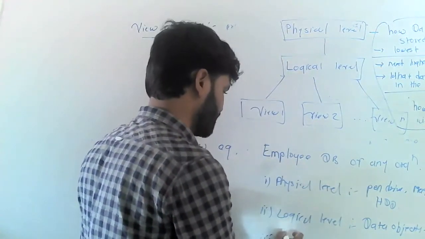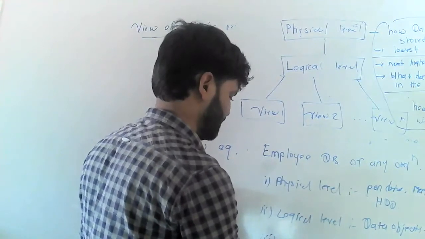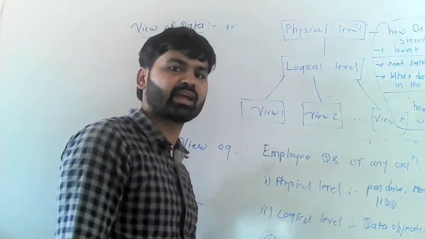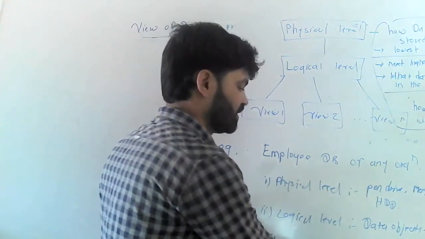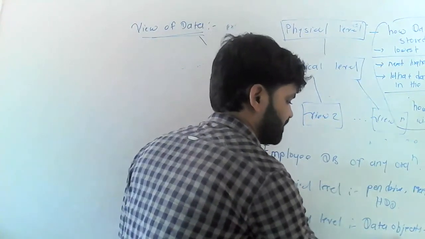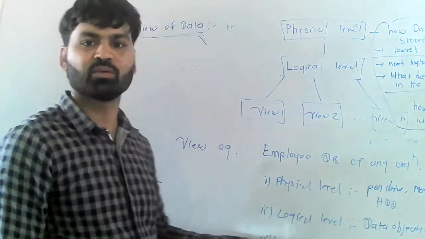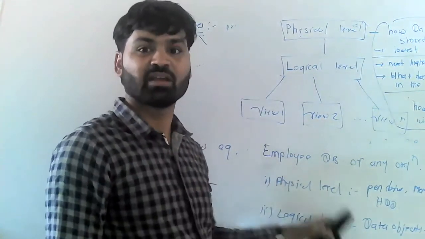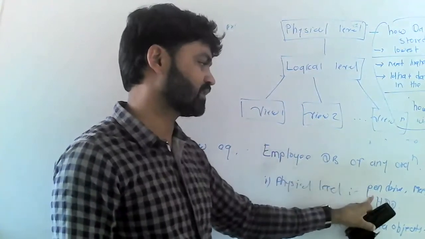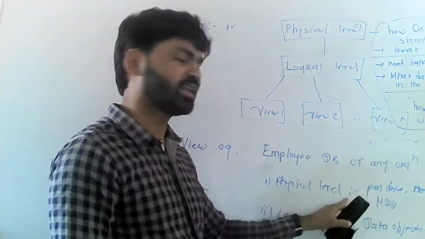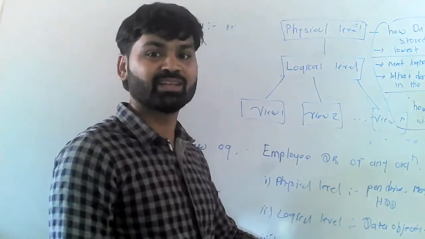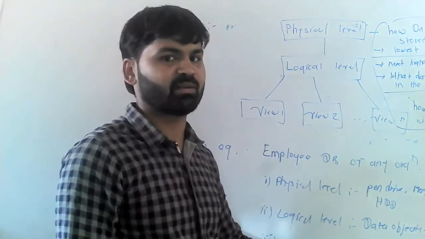Then the view level. View level means how the user interacts with your system. When anyone visits the site of your organization, they don't know in which format the data is stored or what data is stored. They just visit the graphical user interface.